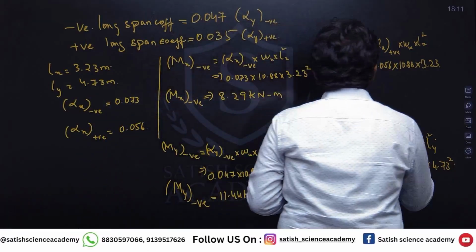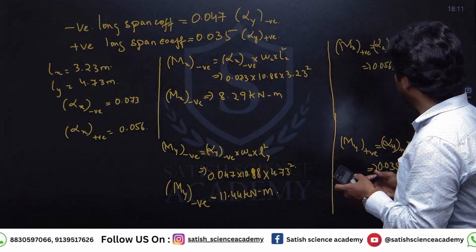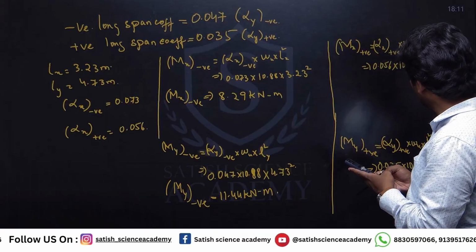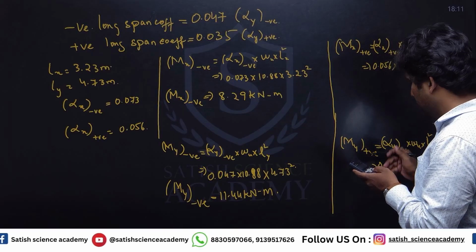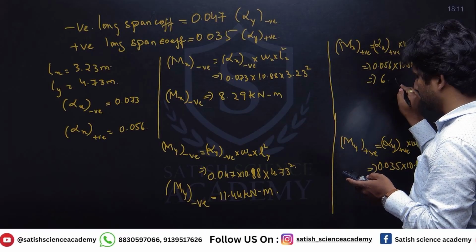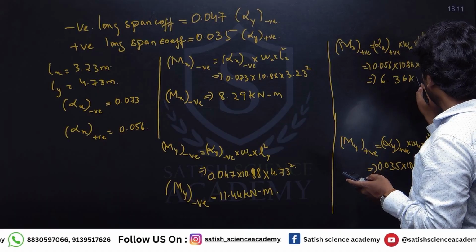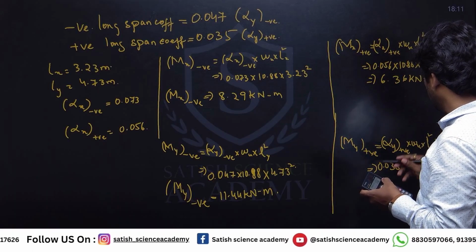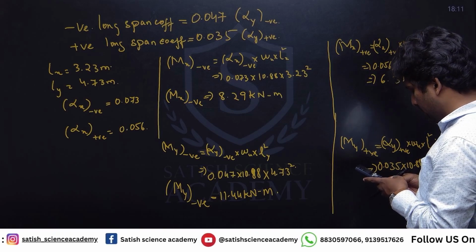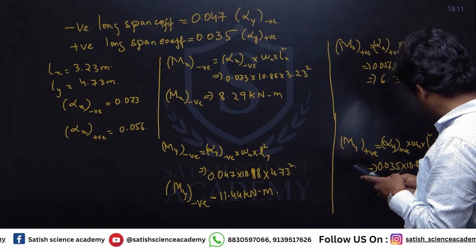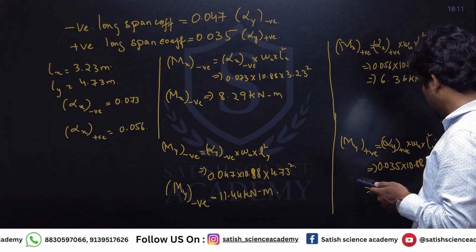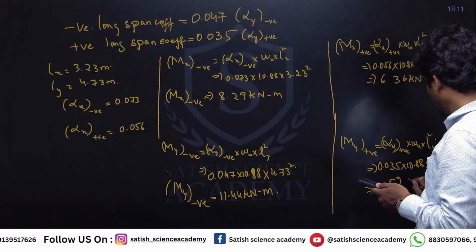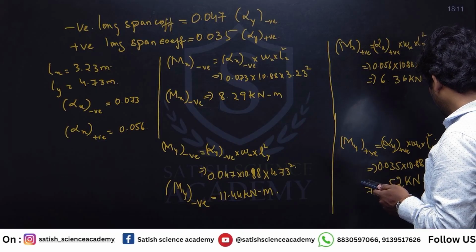So Mx positive is 0.056 into 10.88 into 3.23 square. So this you are getting as 6.36 kilonewton meter. So 0.035 into 10.88 into 4.73 square, this you are getting as 8.52 kilonewton meter.